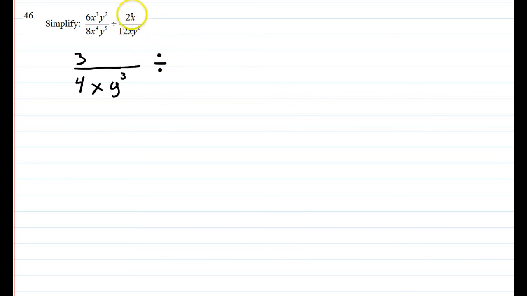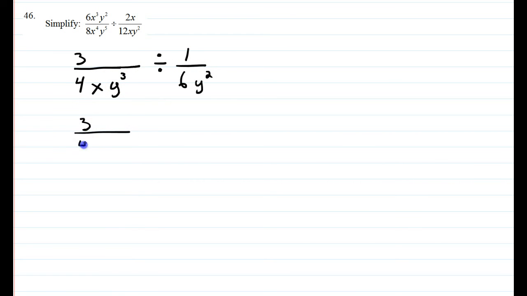And so now we'll simplify this before we take care of the division. So 2 over 12 becomes 1/6. The x over x just cancels away, so we don't have to worry about it, and there's nothing to change the y, so it's going to stay y squared. Now both fractions are completely simplified.